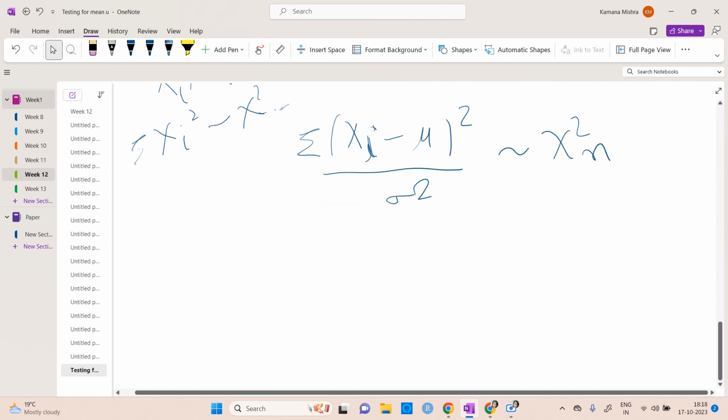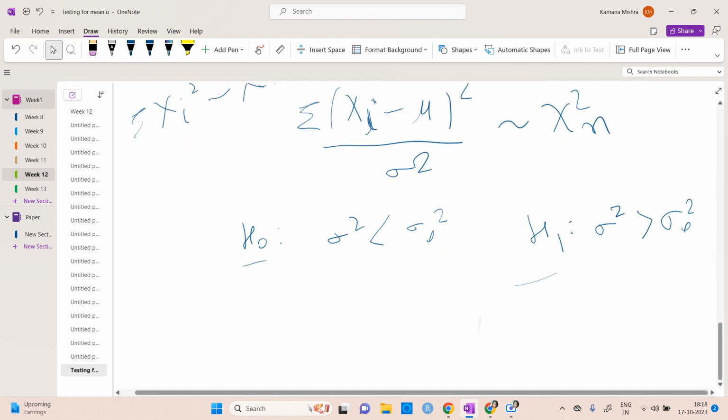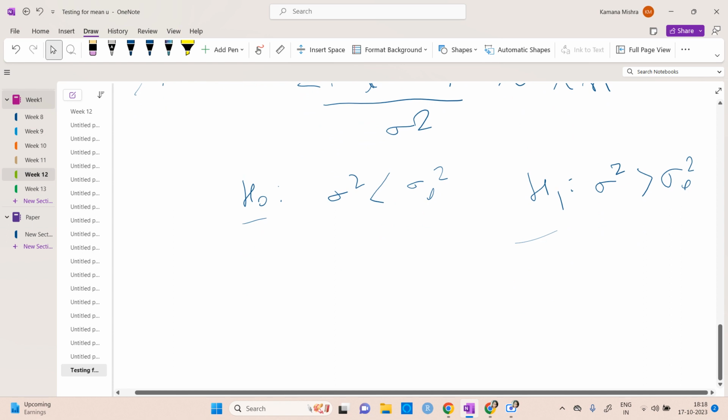now we can have this statistic. Let's say H naught is sigma square equals sigma naught square, and then H1 is the alternative. You can take it as H1 or K1, anything. Just remember what your null hypothesis is and what the alternative is. For null, I prefer using 0, but there is no hard and fast rule.